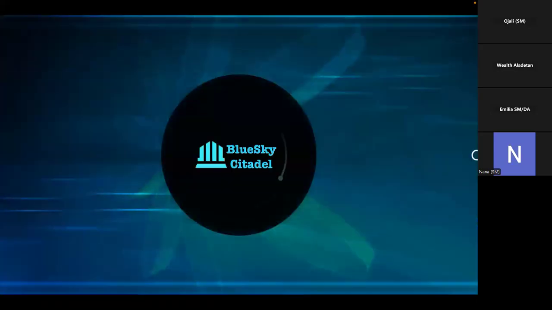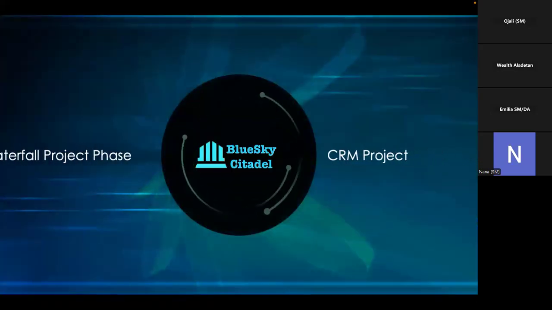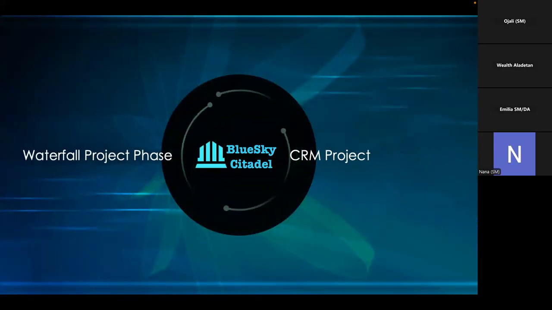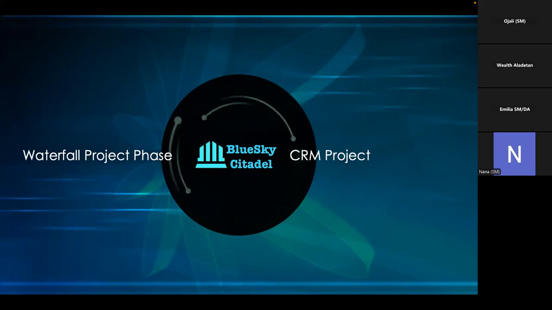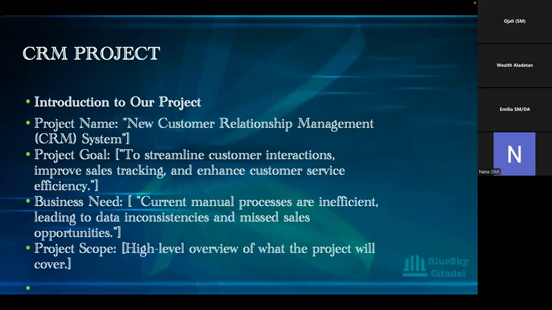Okay, so quickly, the waterfall project phase on a CRM project. There are different projects. It could be an enterprise resource planning ERP project. So it depends, whatever it is. But today I will just decide to use CRM, which is Customer Relationship Management System.